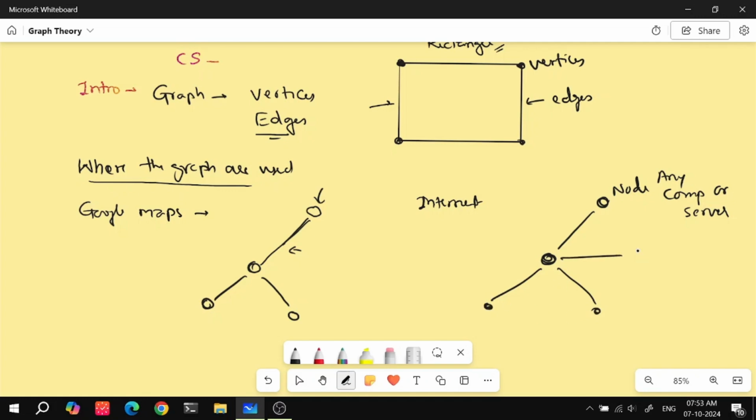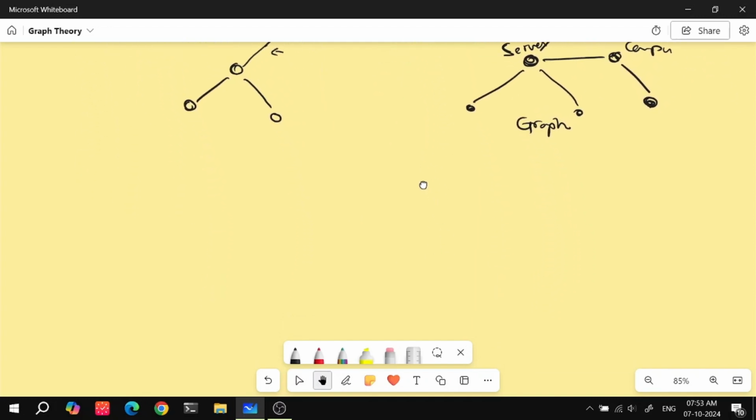This way you can have any number of nodes. This is our graph. This is just a model to show you what a graph is and where they are used in real-life scenarios.